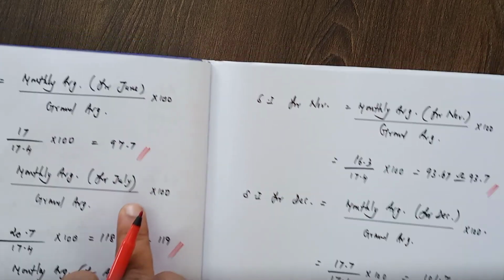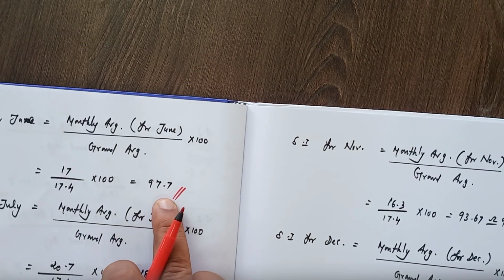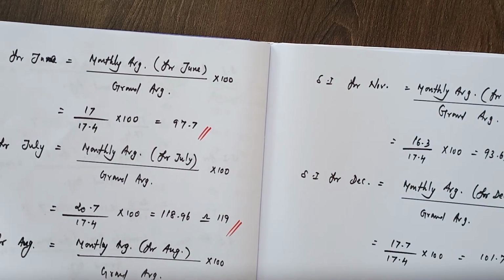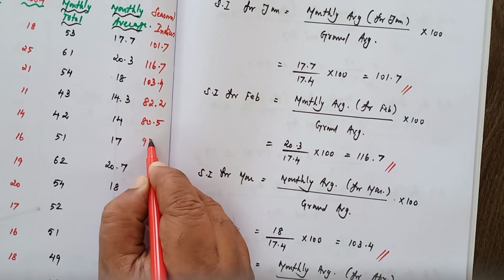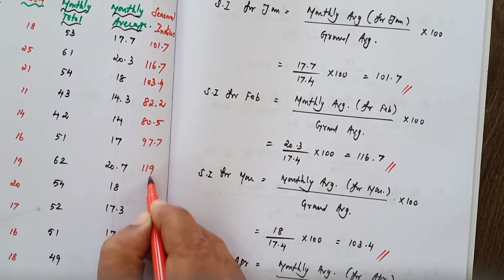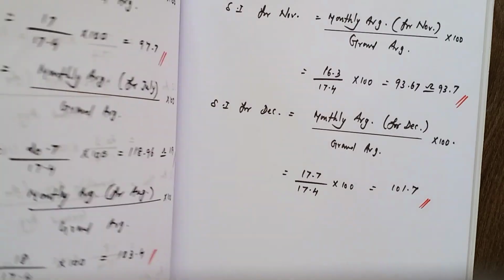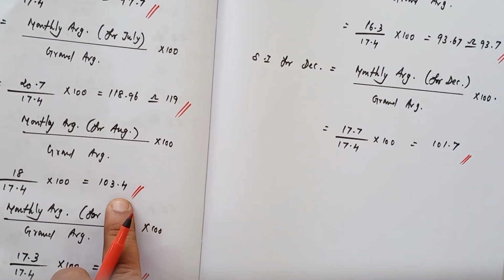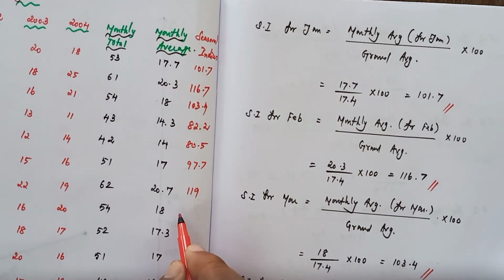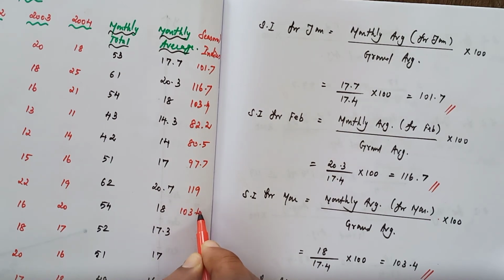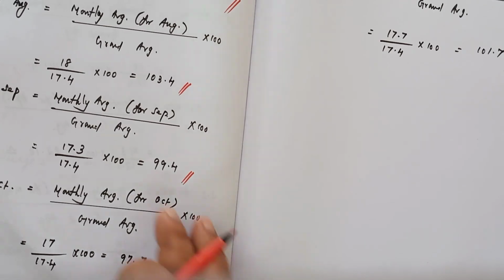For the month of June 97.7 and July 119. For August 103.4. For September 99.4.